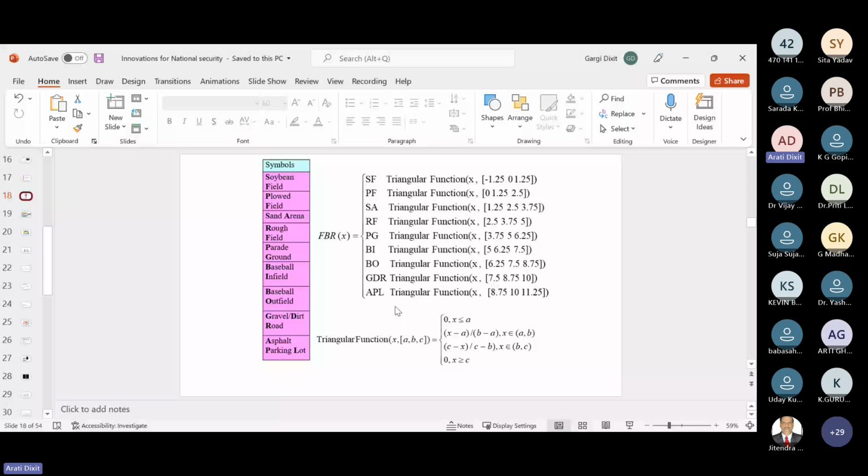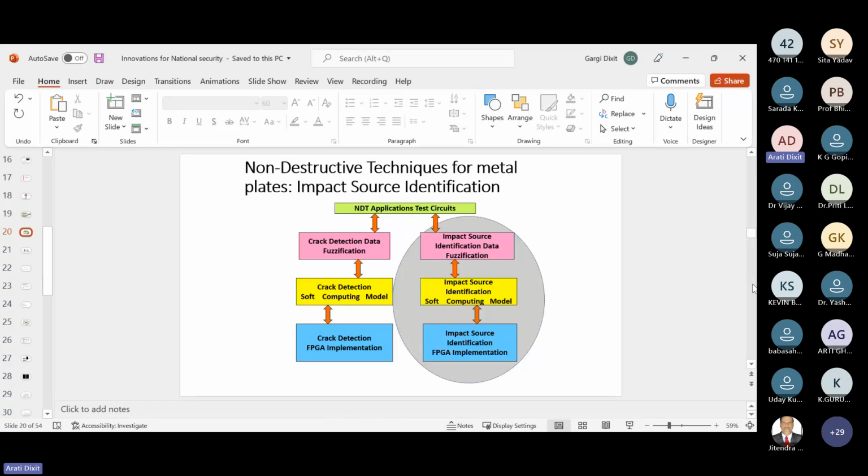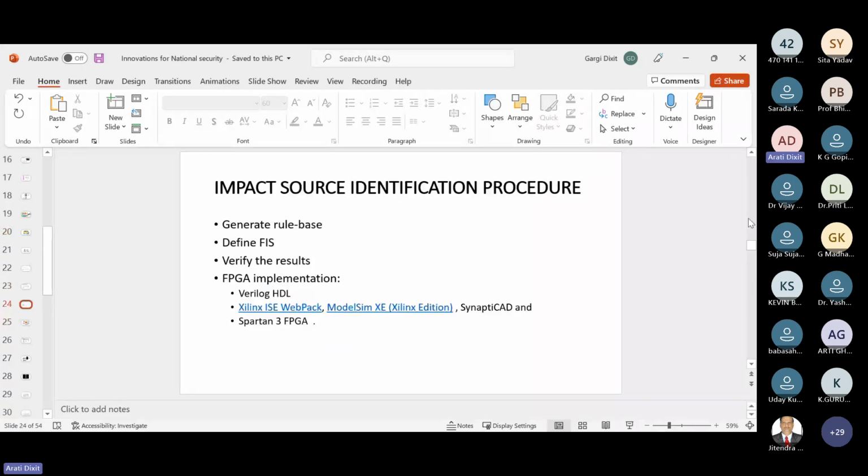So there are tools that help you to simulate that. Let me try to bring the names of those. Yeah. So ModelSim and Synapticad. They help to simulate what would happen on the FPGA, and then generate the .bit file finally to put it on the FPGA.